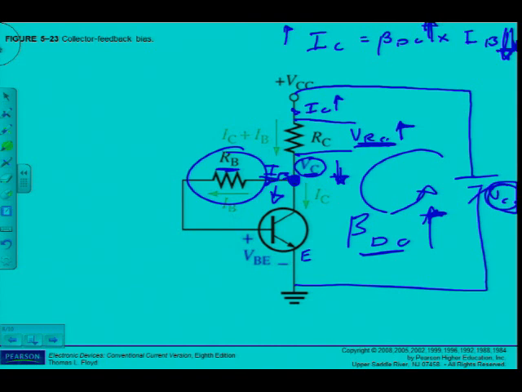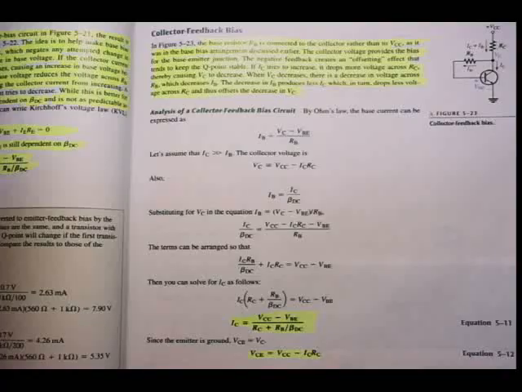And now because of the collector feedback, IB is trying to work against that increase. Okay, that's the collector feedback biasing. And of course the opposite happens if beta DC decreases.